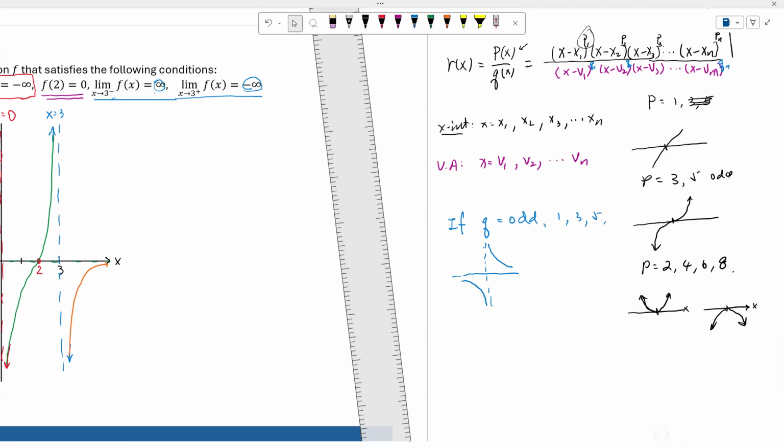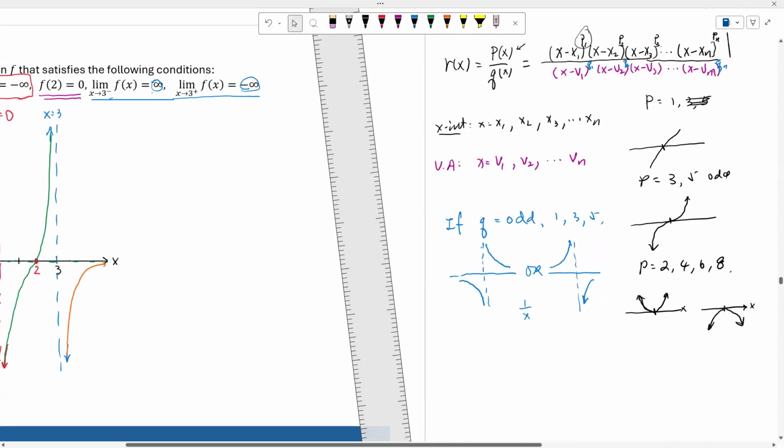If from the left it points to negative infinity, from the right it points to infinity, or the other way around. If from the left it points to infinity, the right actually points in a different direction. The behavior is just like 1 over x.